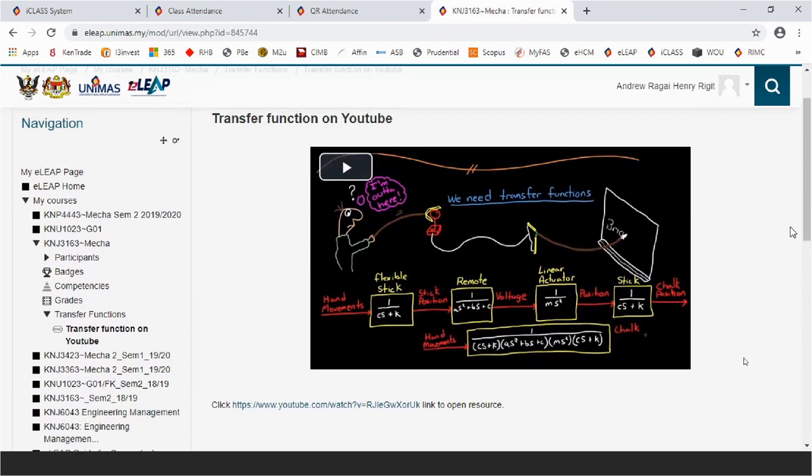Probably lecture notes is quite difficult for you to follow, but at least you know where you can get the Laplace transform table, for example. Yeah? Understand the concept of mathematical modeling, and finally understand what is transfer functions, as the ratio of the output and the input in the S domain.